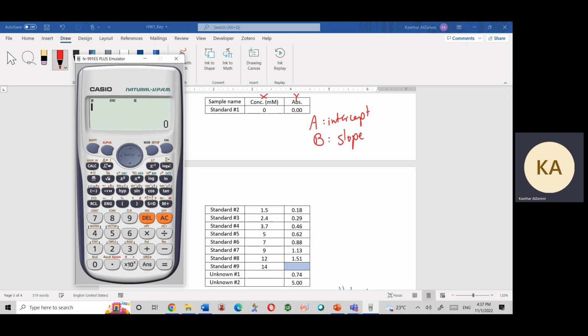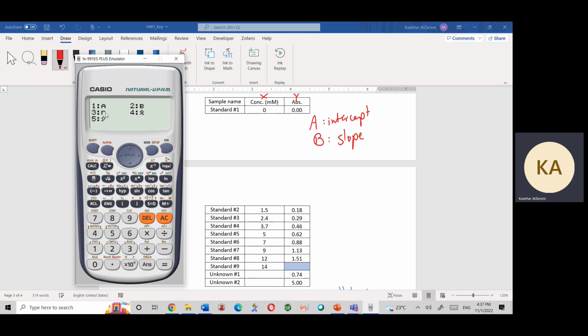Now I'm going to hit shift and stat, number 1. And we're doing linear regression, so I'm going to choose 5 for regression. Now it gives me options: A for intercept, B for the slope, and R, if you remember, we used R squared to represent the linearity of the correlation between the concentration and the absorbance in our last in-person lecture.